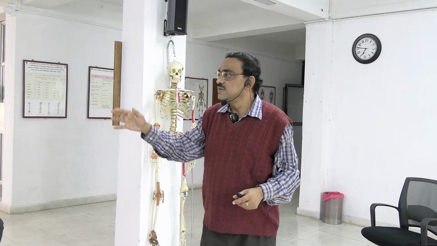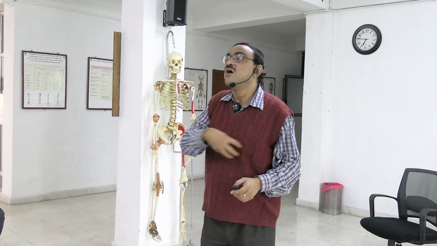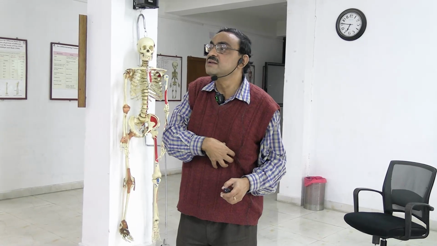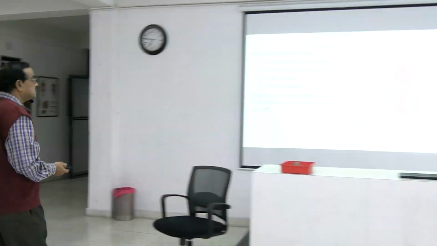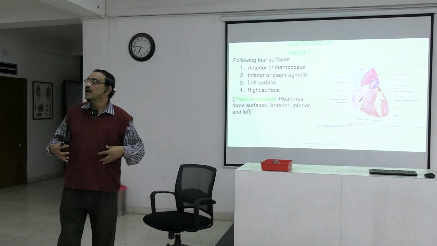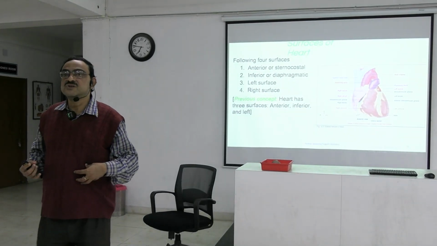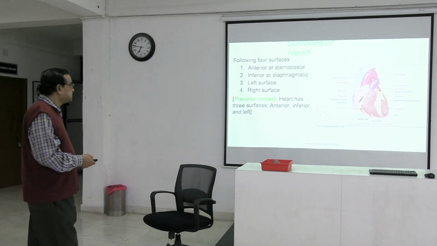So this is the peritoneum. And below that, on the right side, we will get the liver, and on the left side, the spleen and also the stomach. The inferior surface is related on the right side to the liver, and on the left side to the stomach and part of the spleen.